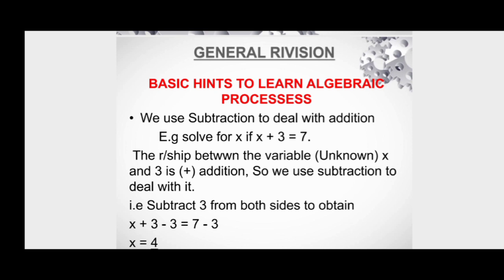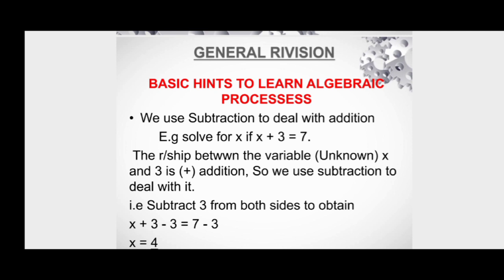Among expressions, there are expressions which are numeric. We call them numerical expressions. They only contain numbers. An example of a numerical expression is 5 plus 1 is equal to what? 6. Good. So 5 plus 1 is equal to 6 is an expression that contains only numbers.